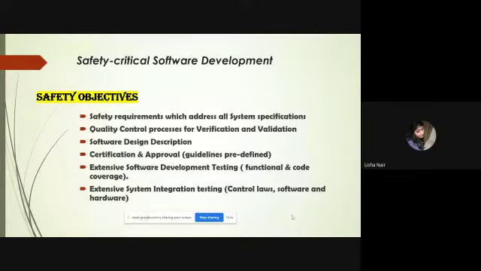Then what is essential is the software design description, which has to be right. In the very initial stage, the design of the software should be well defined. It should cover all the system specifications along with the derived software requirements.